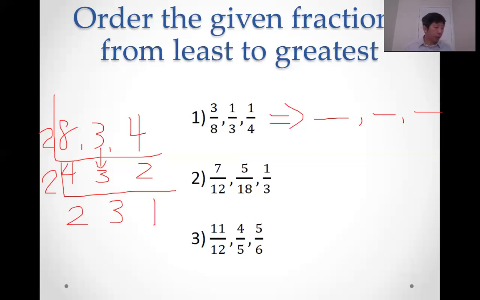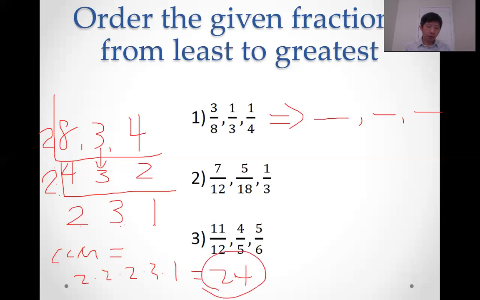So we take 2 times 2 times 2 times 3 times 1. So LCM is equal to 2 times 2 times 2 times 3 times 1. We got 24, right? So 24 is the LCM.